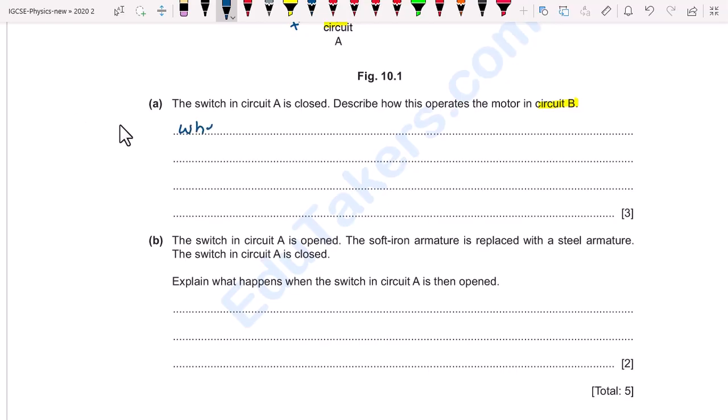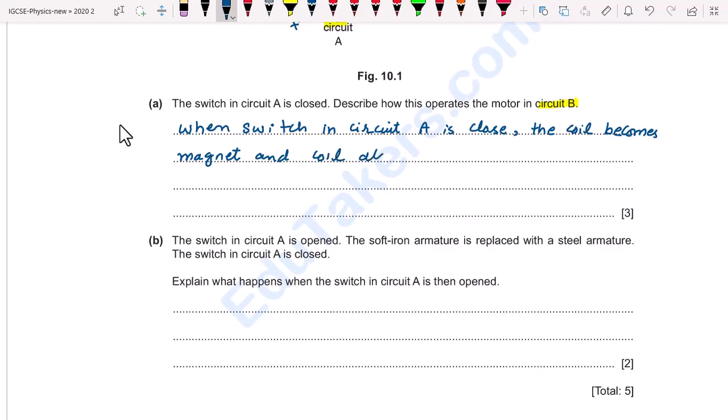So I write: when the switch in the circuit is closed, the coil becomes a magnet and the coil attracts the soft iron armature.